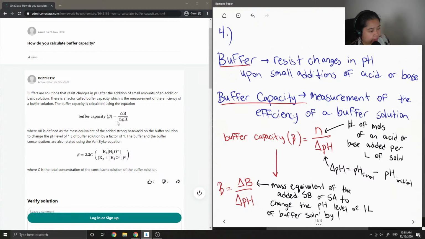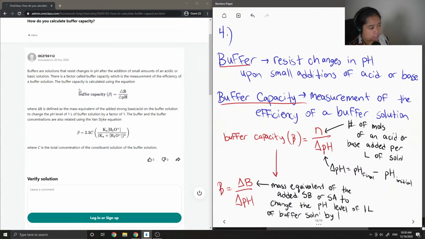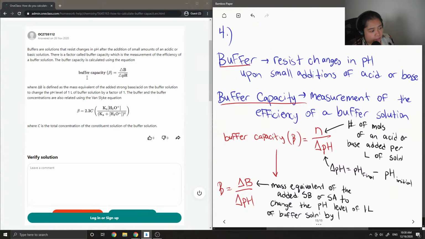Okay, so let's see what the junior tutor said. Buffers are solutions that resist changes in pH after the additions of small amounts of an acidic or basic solution. There's a factor called buffer capacity, which is the measurement of the efficiency of a buffer solution.